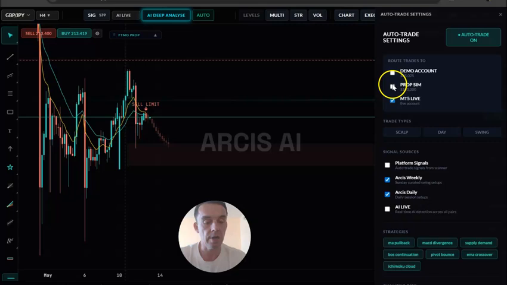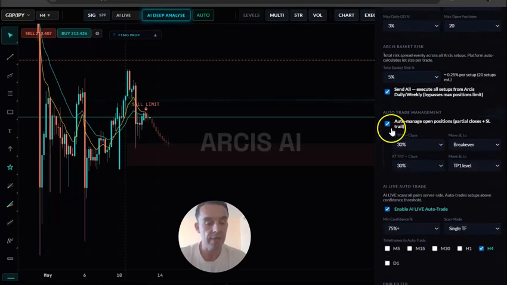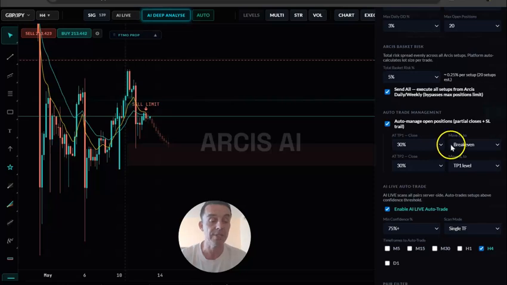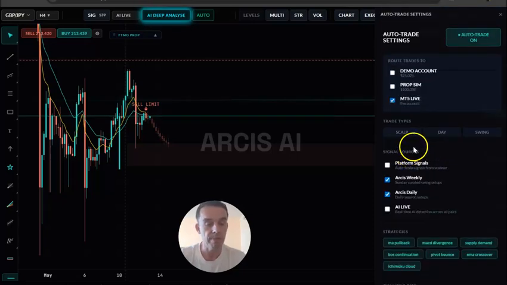Select auto trade on, what account you want it to go to, demo, prop, or MT5 live, and auto manage open positions, which is trailing stop losses, trailing positions, moving stop loss to break even, taking partial profits at certain levels. So you can just program that to how you want to trade. You can turn auto trade off there.